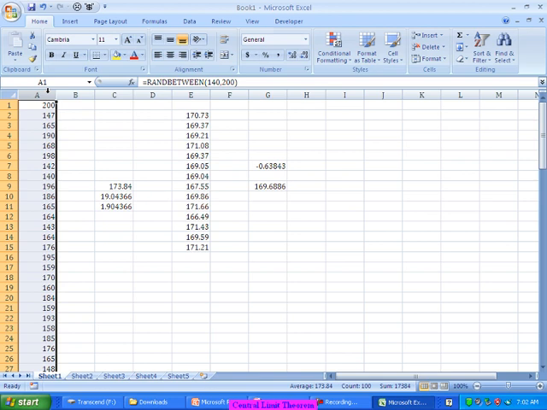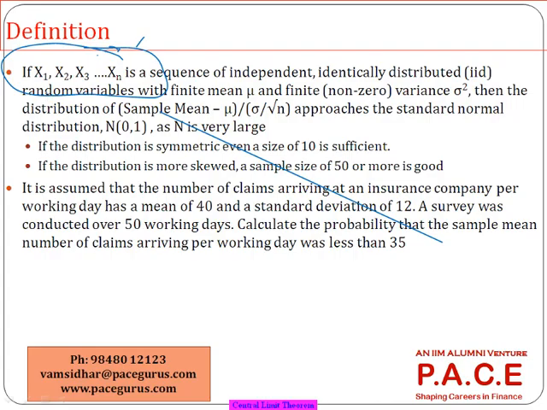If the distribution is more skewed and not normal, a slightly larger sample size is required, even 50 is fine. But if it is normal, then even a 10 is sufficient as a sample size. Right? It will still follow a normal distribution.